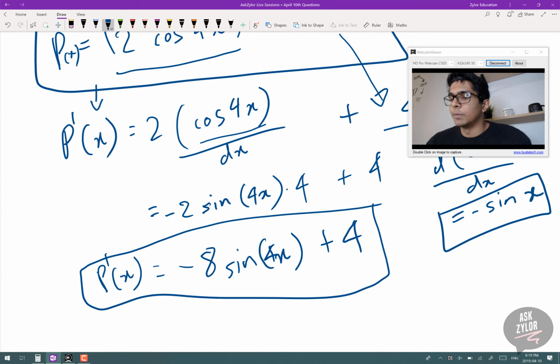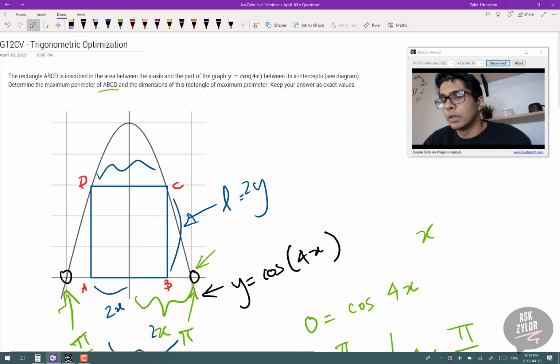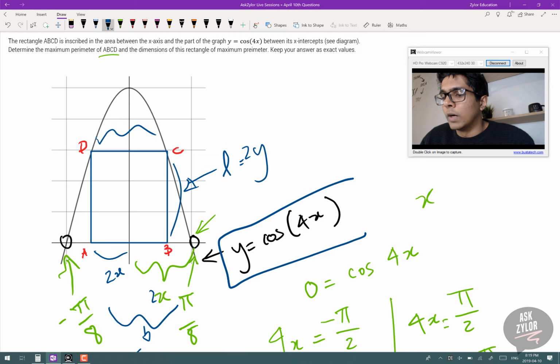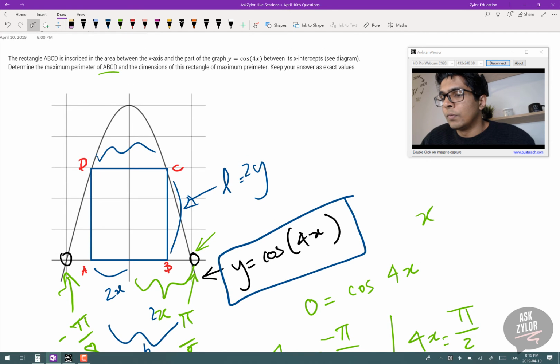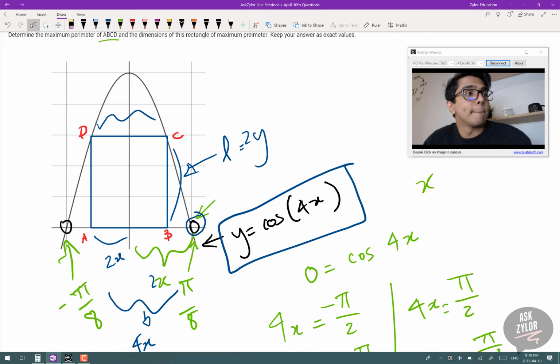So what we're doing is an optimization question revolving around a trigonometric function. So I was given a function of y is equal to cos 4x, and I have to find the maximum perimeter given that the rectangle has to be inscribed between 0 and my x-intercept, which I found was pi over 8.